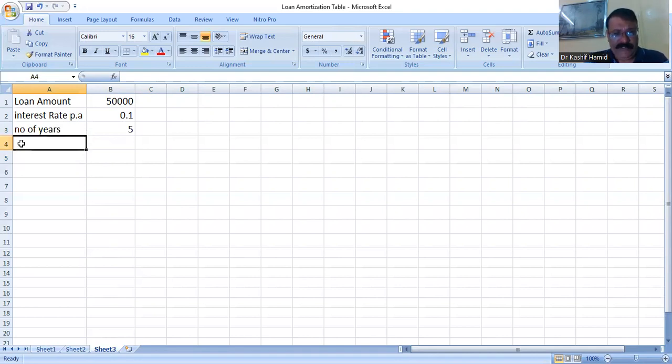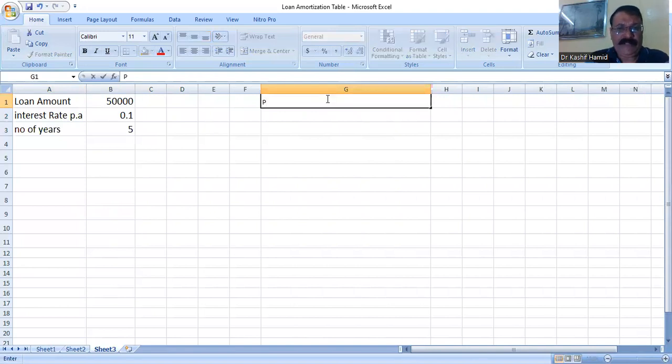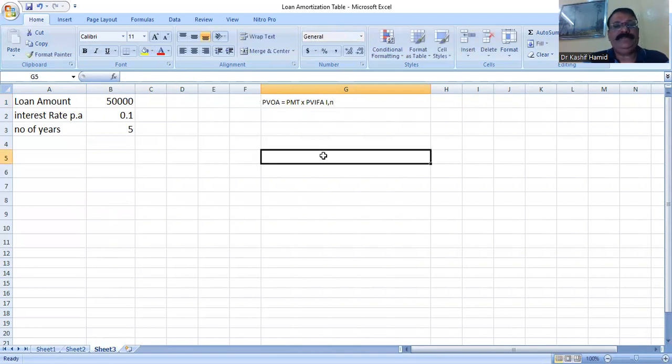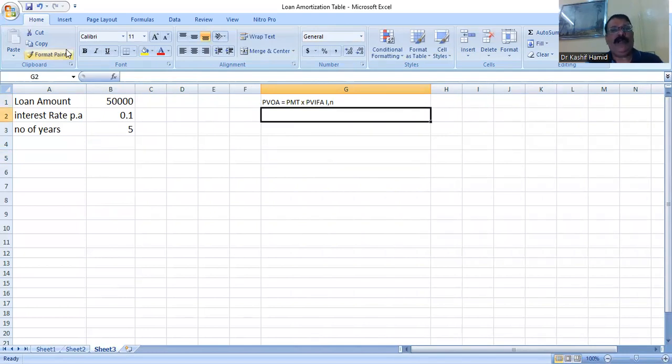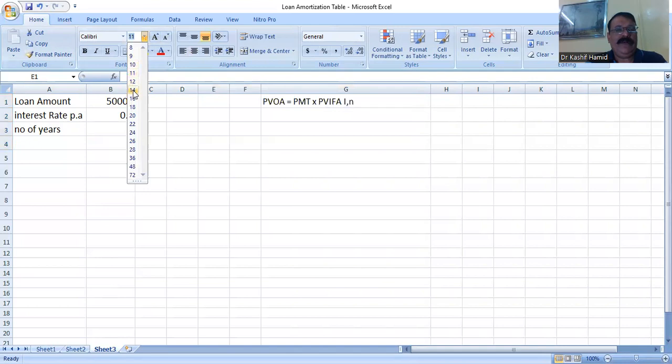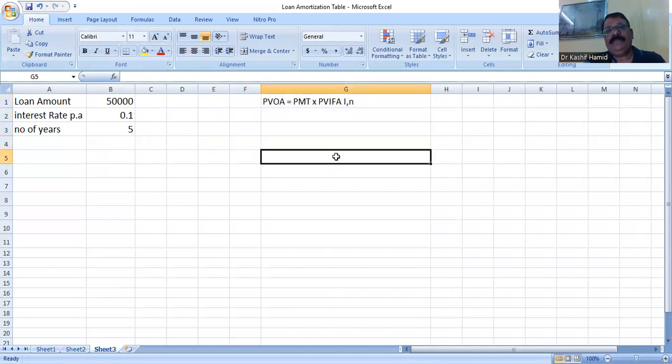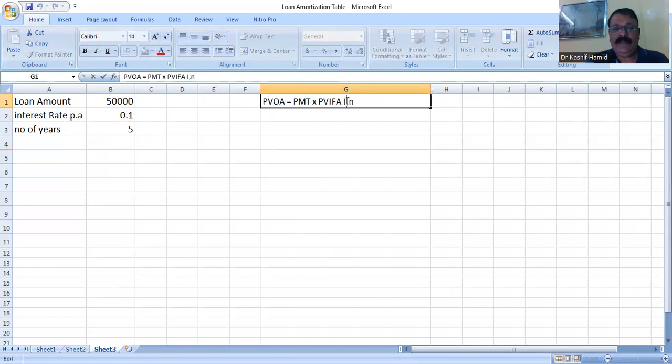In the first instance, we know that the present value of an ordinary annuity is equal to the cash payment multiplied by the present value interest factor of an annuity for a given interest rate and a given number of periods.